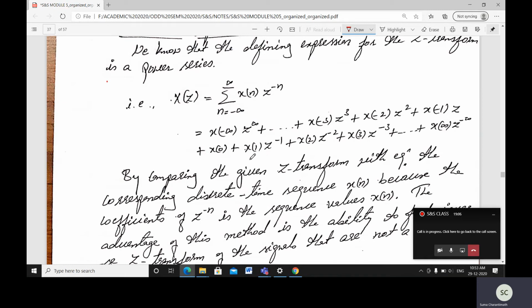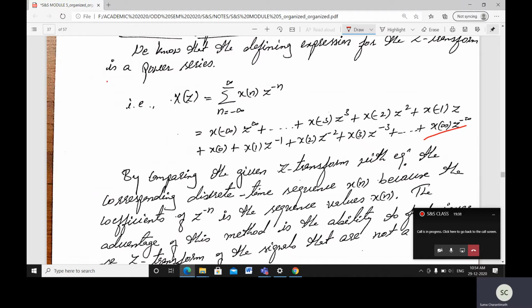If I expand this, I write x of minus infinity z raised to infinity, plus, going through the intermediate values, x of minus 3 z raised to 3 plus x of minus 2 z raised to 2, and so on, then plus x of 0 plus x of 1 z raised to minus 1, and so on.